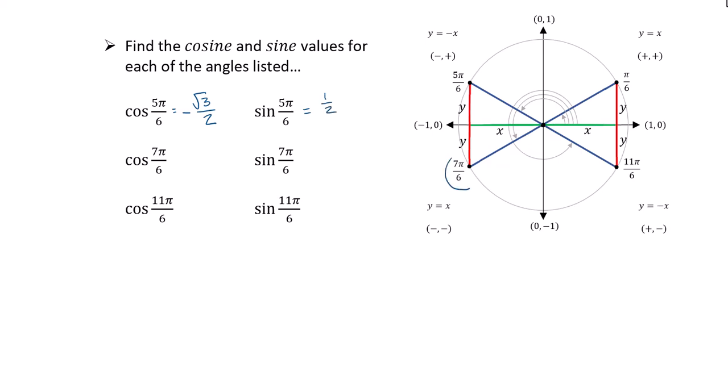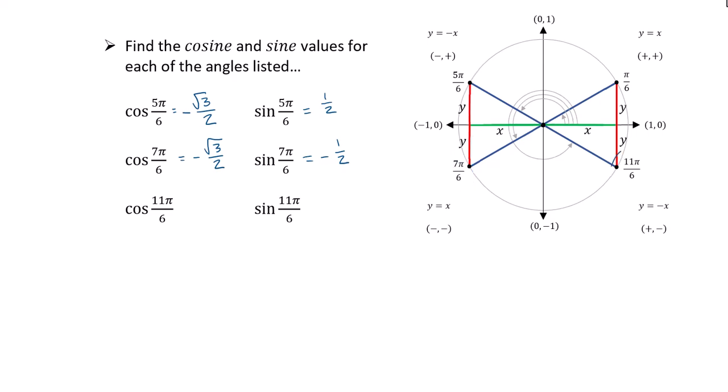I'm looking at 7 pi over 6. The cosine is, again, we had to move to the left, so it's going to be negative square root of 3 over 2. And now we had to move down to get to that point, so the sine is going to be a negative 1/2.